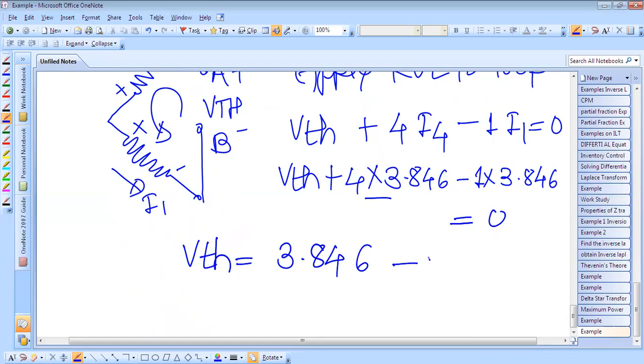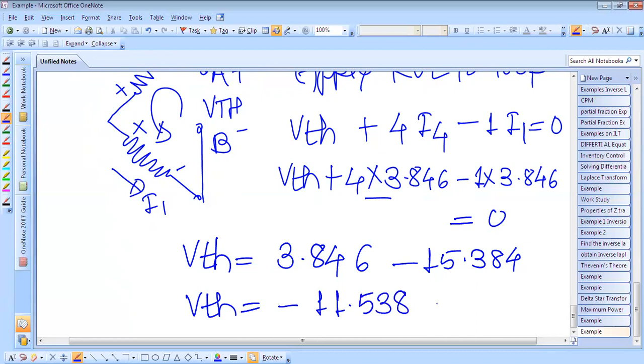This is coming equal to 15.384, and VTH, calculate this, is coming equal to minus 11.538 volt. Okay, so VTH is coming negative.